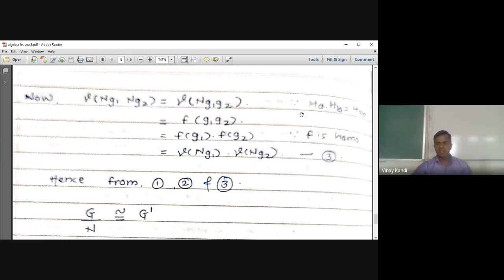By the definition of right cosets, Ha into Hb is equal to Hab. Hence, gamma of Ng1 into Ng2 is equal to f of g1 g2.